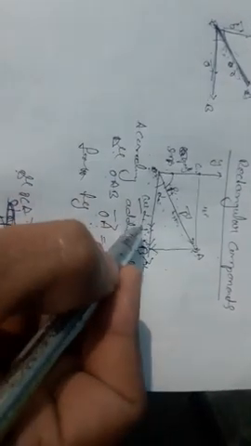The unit vector of beta is j cap. That means the resultant vector P is equal to P cos alpha i cap plus P cos beta j cap. Okay, now where i cap and j cap are called what? That is the unit vectors along x and y directions.